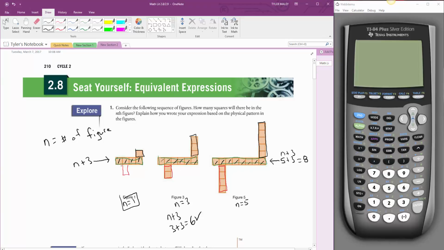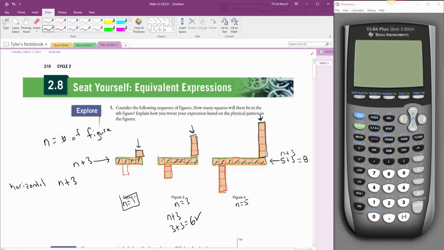So I know that with the horizontal part, I'm going to have n plus 3 number of squares, right? Now I need to look at the part that's going upward, these squares.